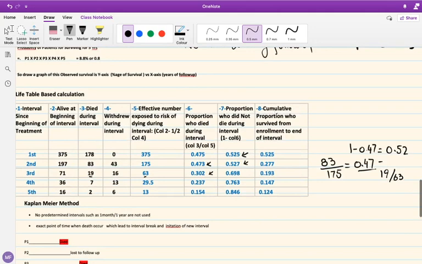For the cumulative proportion of individuals who survived from enrollment to the end, we are basically doing a cumulation over here, that is 0.52 into 0.527, and then the value is given over here.